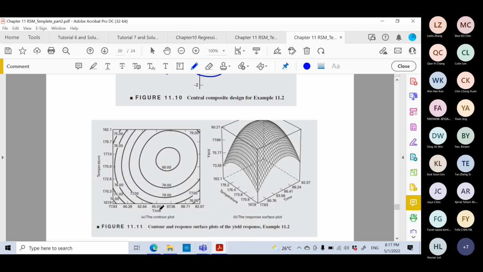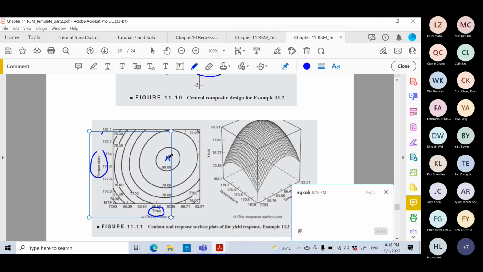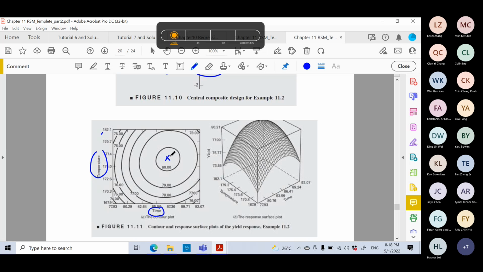This one is the first variable, time. This one is temperature. If the maximum happens here, you need to know at what level of the temperature, and what level of the time, leads you to the maximum solution. So for that we can find the stationary point. Basically, we can roughly guess the optimal solution if you see the plot here.